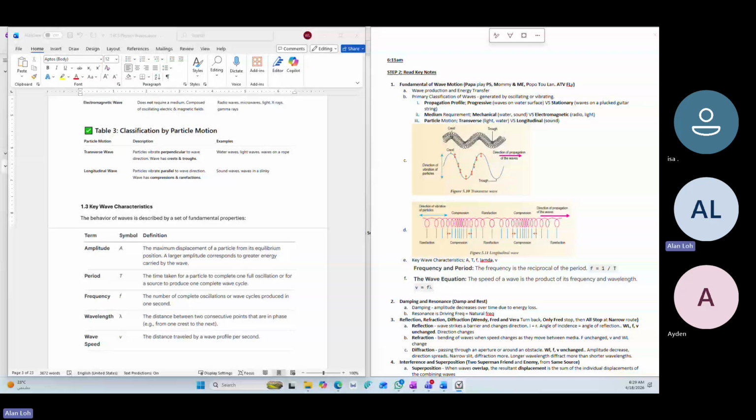If you realize this wave characteristic is this in step 2. 30 more seconds. Ten seconds. Thumbs up.